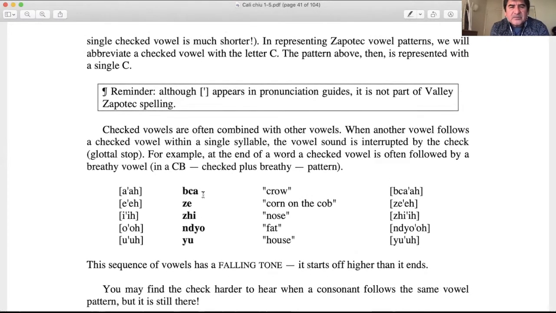We have some examples of check vowel followed by a breathy vowel. If you look at the first word, which is crawl, on the left side, representing the vowel, you have a check, AH. Check means a check vowel, and then an H means breathy.